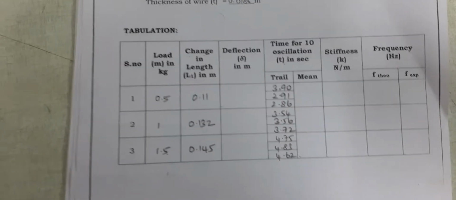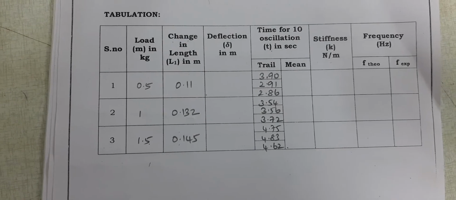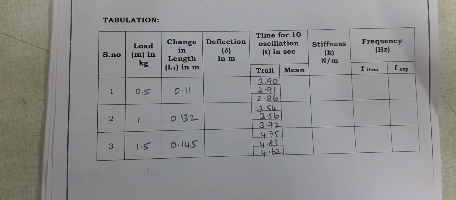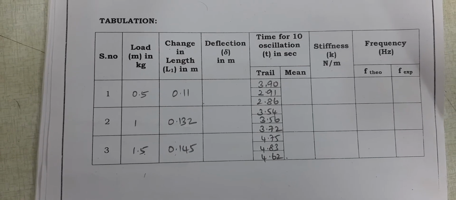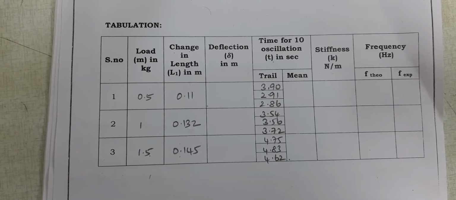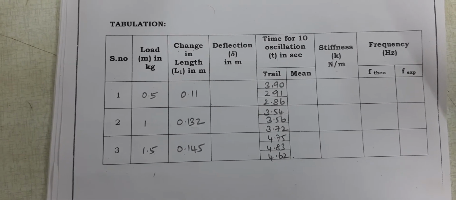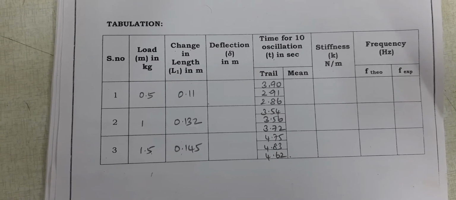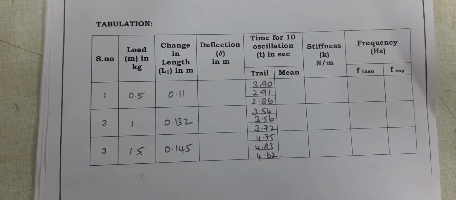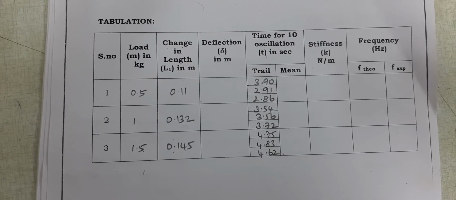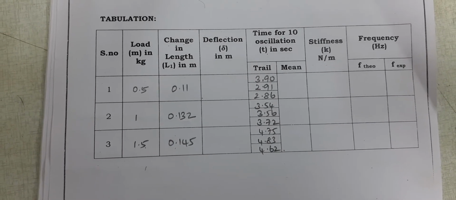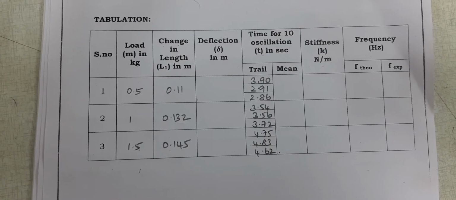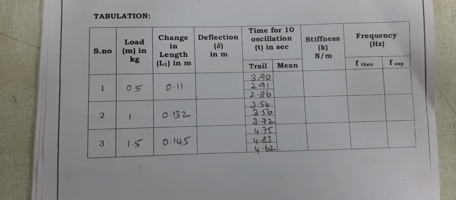After applying the 0.5 kg mass, the length has changed. Then the time for 10 oscillations in seconds: we have taken 3 trials for 10 oscillations. The first trial value is 3.9 seconds, second is 2.91 seconds, third is 2.86 seconds.